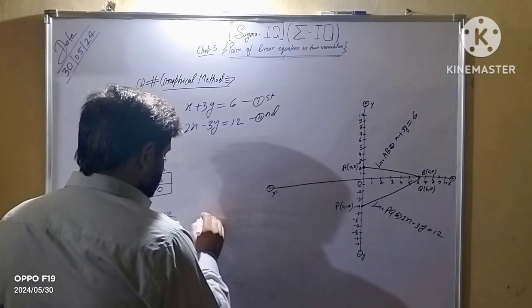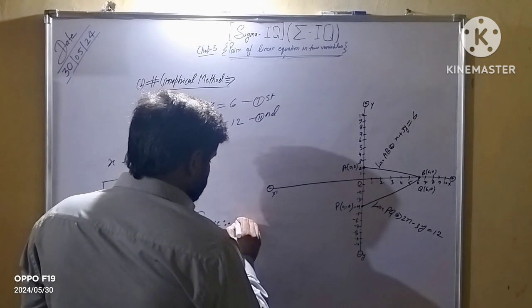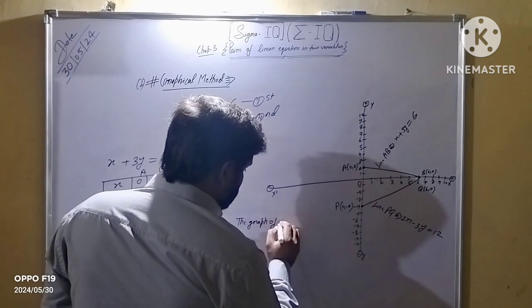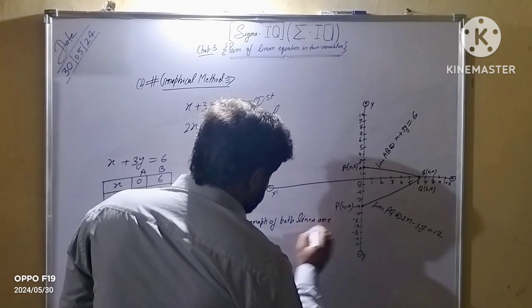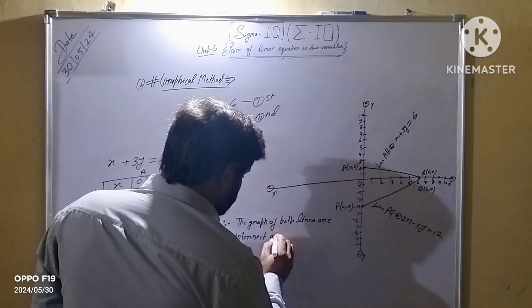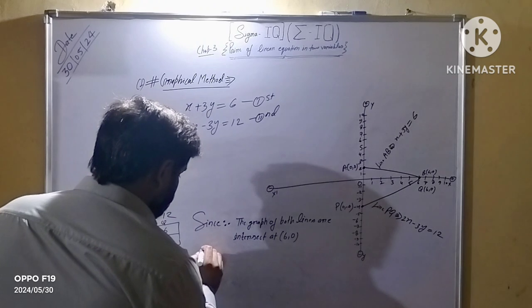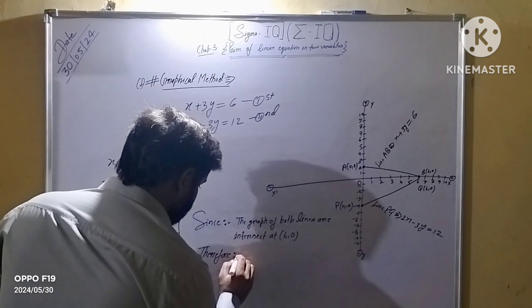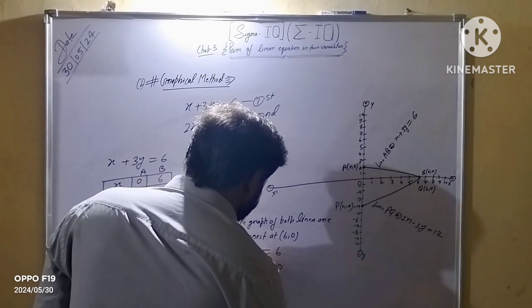So write here, since the graphs of both lines intersect at 6, 0, therefore x equal to 6, y equal to 0.